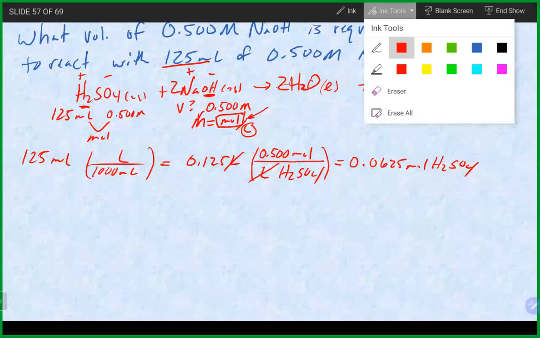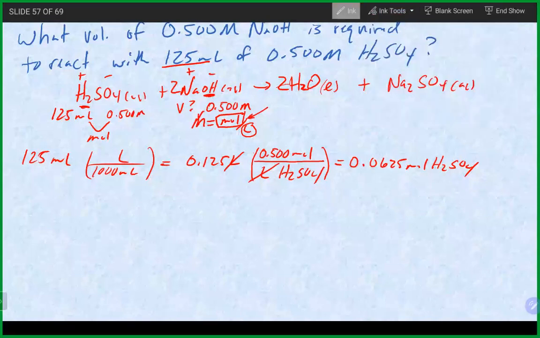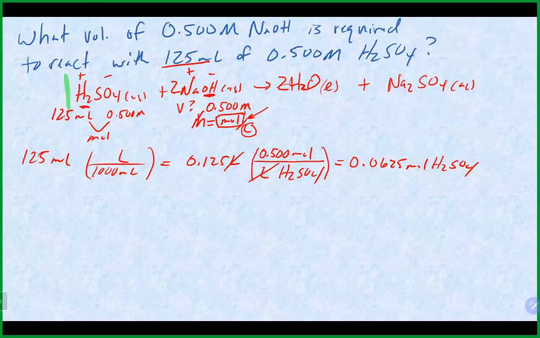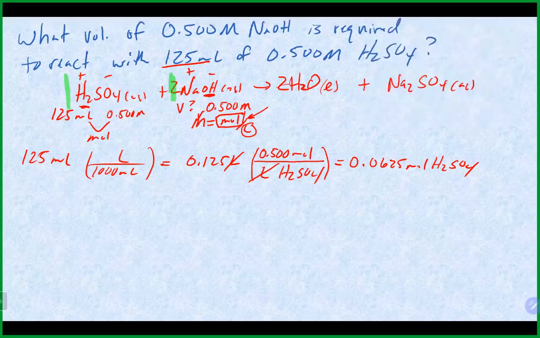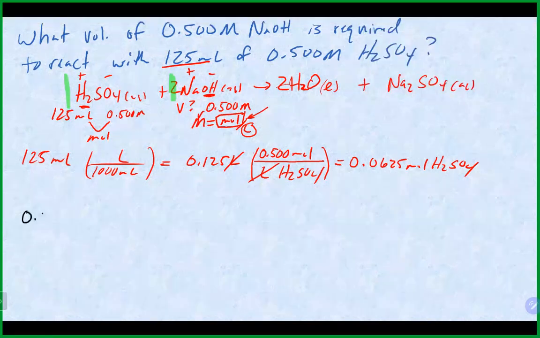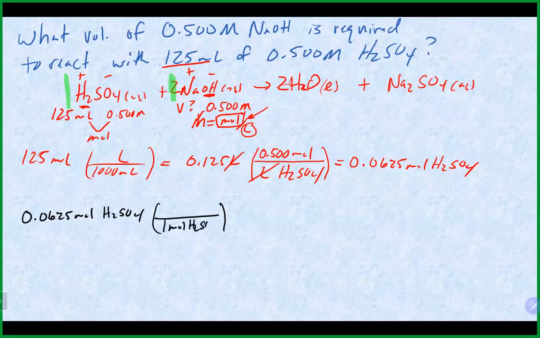And in this case, unlike the last one, we actually have a 1-to-2 relationship between those two. So we do have a different mole-to-mole relationship. And to do that, then we will use it to convert to what we need. In this case, looks like we're going to go 1 mole of our H2SO4 on the bottom, 2 moles of sodium hydroxide up on top.